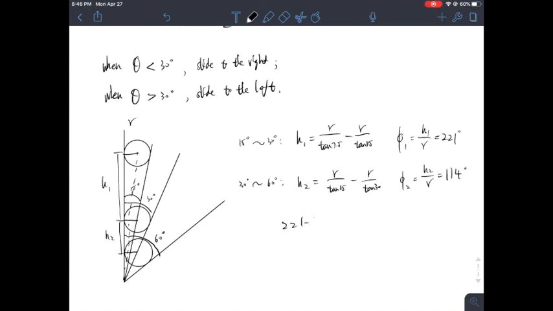Then if we define right rotation as positive and left rotation as negative, we have 221 minus 114 plus 30 degrees, because we also need to calculate the angle the plane traveled in the second rotation, because the block is going on the right side. So when the plane is rotating, the block is rotating with it, not the first half, but the second half. So that's how we got our final answer here, 137.